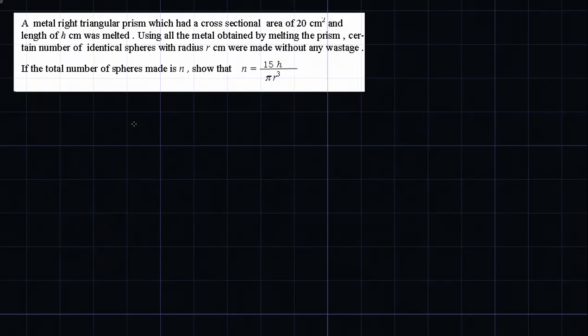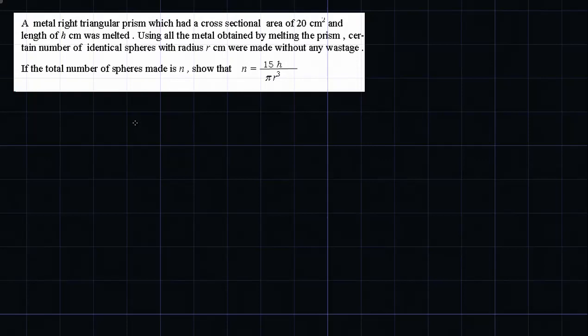A metal right triangular prism which had a cross-sectional area of 20 square centimeters and a length of 8 centimeters was melted. Using all the metal obtained by melting the prism, a certain number of identical spheres with radius r centimeters were made without any wastage.